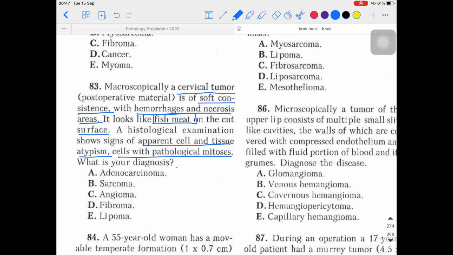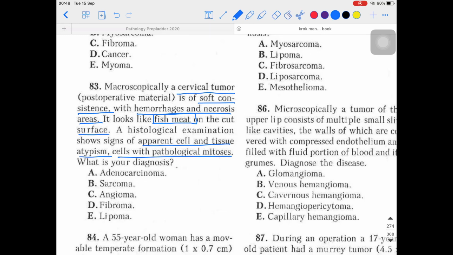Again, they might be talking about some kind of malignancy, because they are talking about the mitosis. It can be fibrosarcoma as well, but as they didn't mention other criteria, and neither is it given in the options, I will not go with fibrosarcoma.